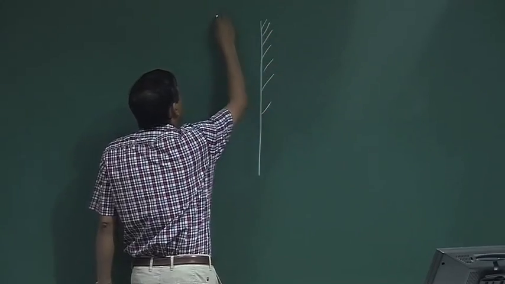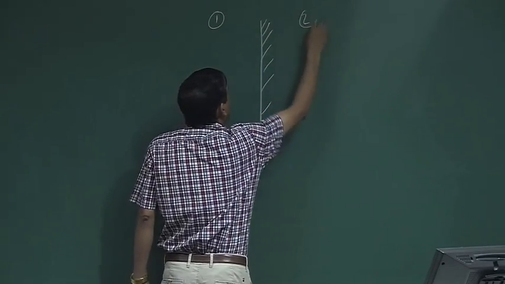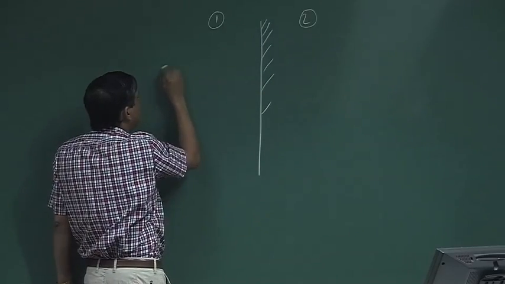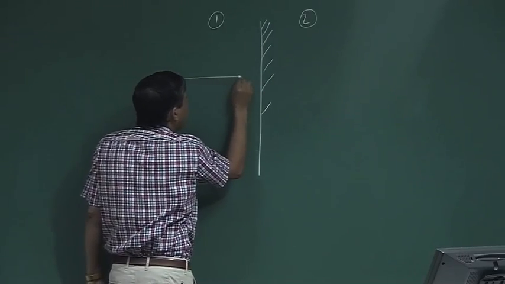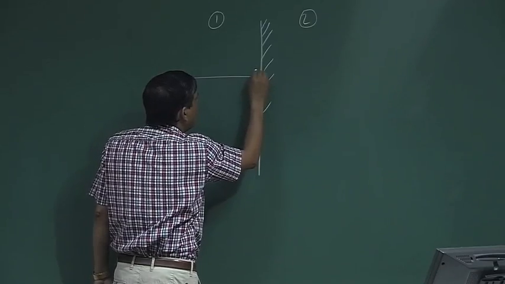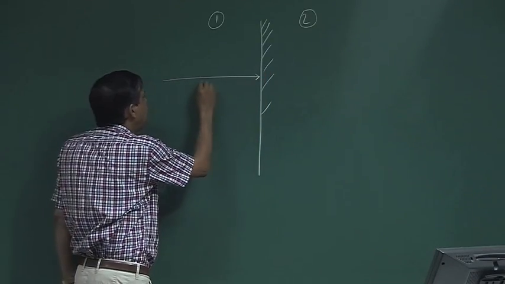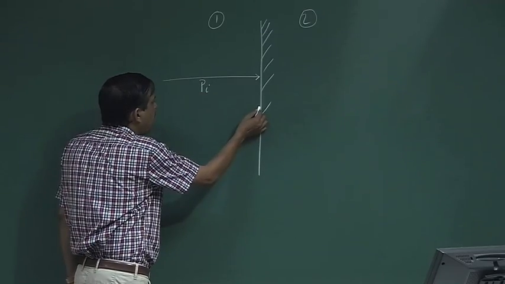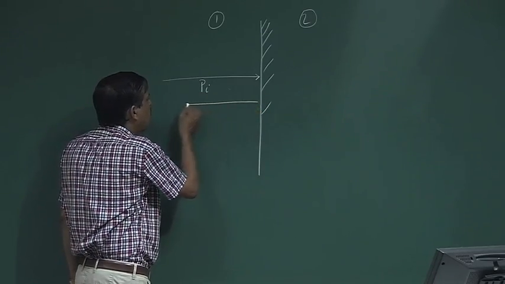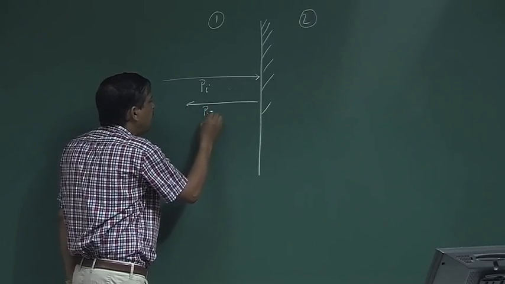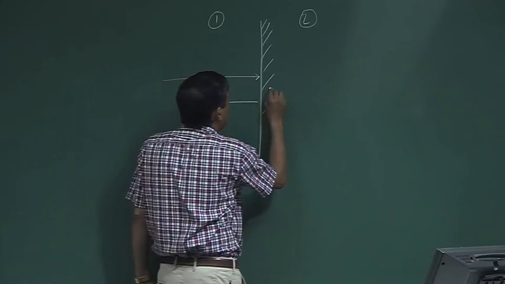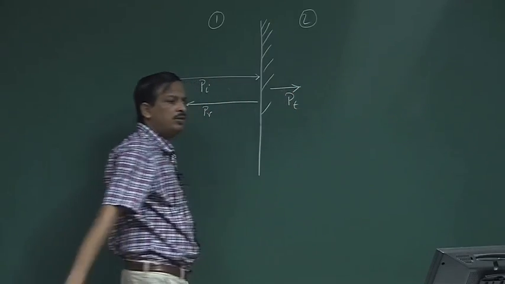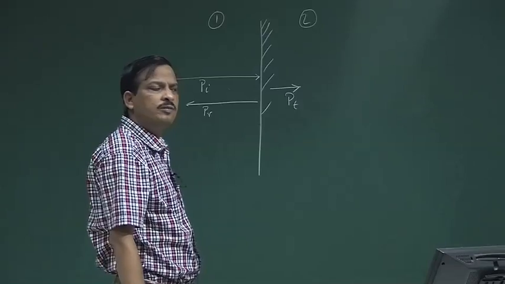This is fluid number 1 and this is fluid number 2, or you can say medium 1 and medium 2. One acoustic wave is normally incident on the boundary of the two media. That is called the incident wave, with pressure Pi. Since it is normally incident, the reflection will also be normal. PR is the reflected wave, and some portion of the wave will be transmitted into the second medium, that is PT, the transmitted pressure wave.